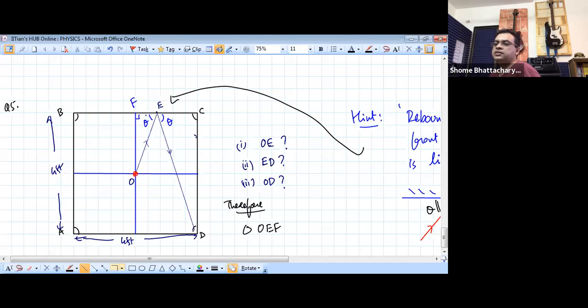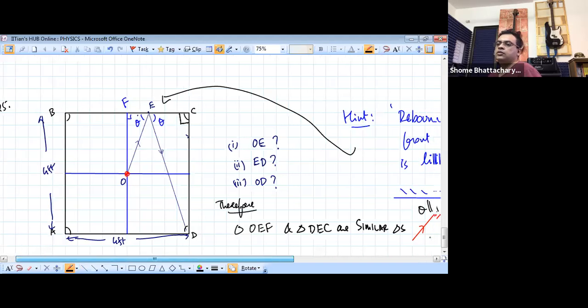These two triangles are which type of triangles? They are similar triangles, and they are similar right angle triangles. So both of them have common angle 90, common angle theta. So OEF and triangle DEC are similar triangles. So we'll make use of that.